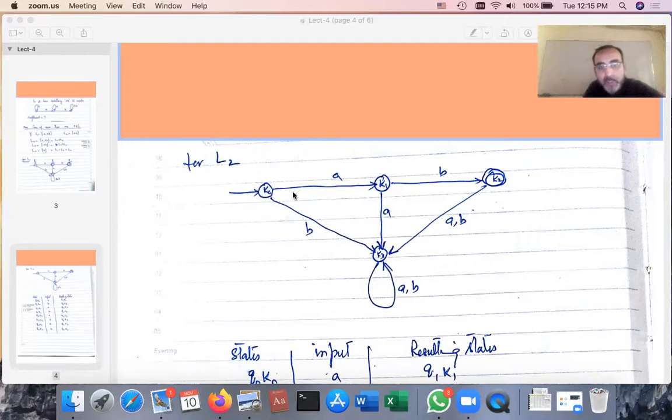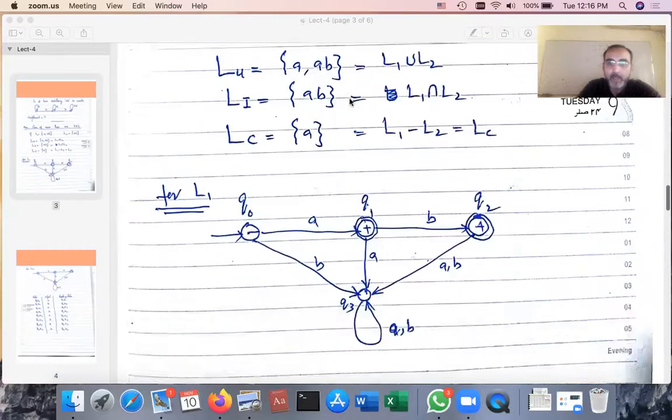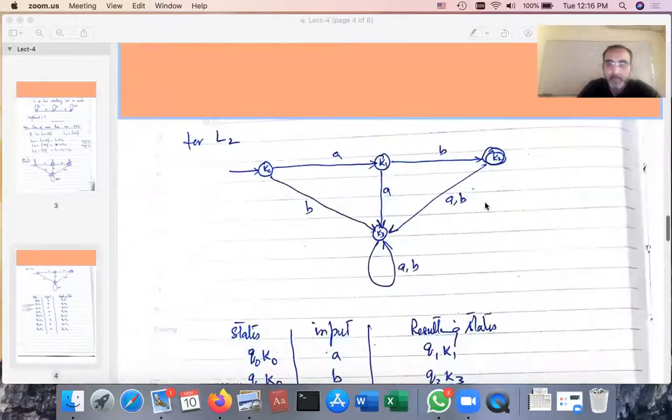From the initial state, A is coming, and then if B comes, I will reach the acceptance state, and this AB will be accepted. There is only one string for this language, and all other combinations will go into this rejection state, which is Q3. So you can see all these combinations coming here. And now you have the two DFAs, one for L1 and the other for L2.